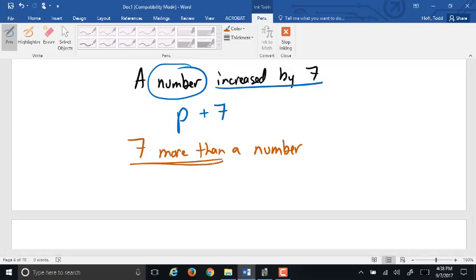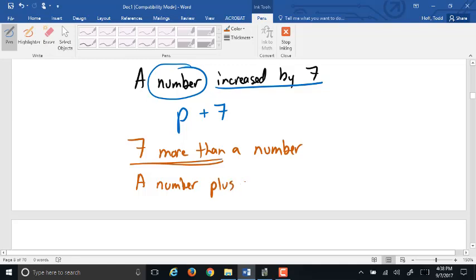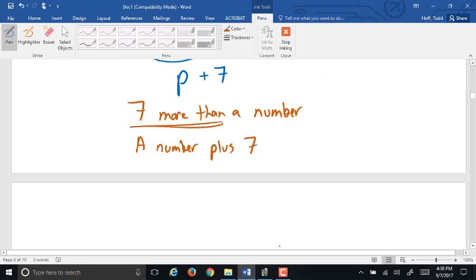Can you think of any other ways, any other phrases that would give us P plus 7? I'll give you an easy one. A number plus 7. That's too obvious, yeah. Any others? Okay, added, we could say 7 added to a number.